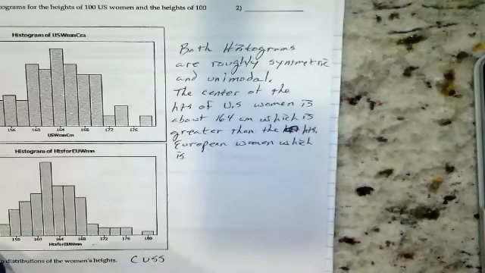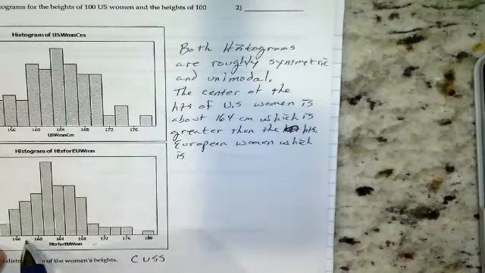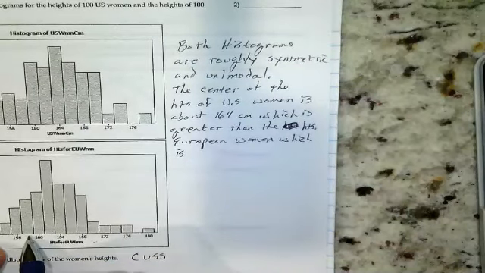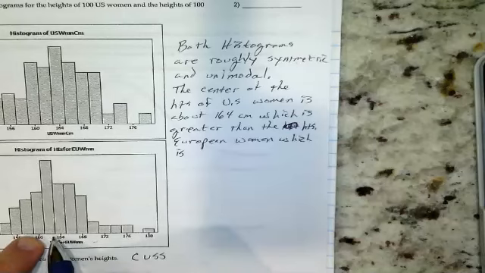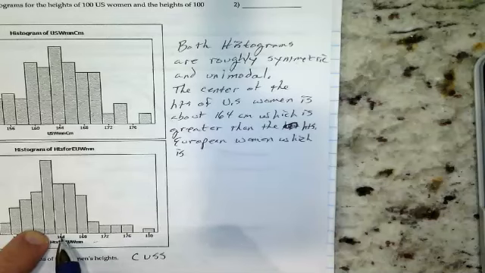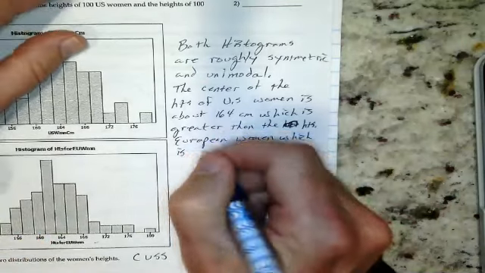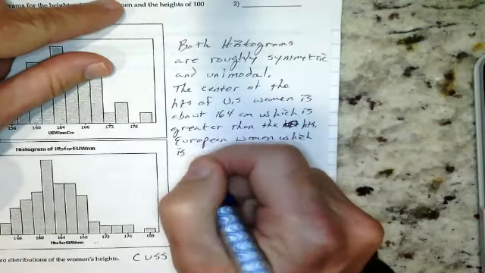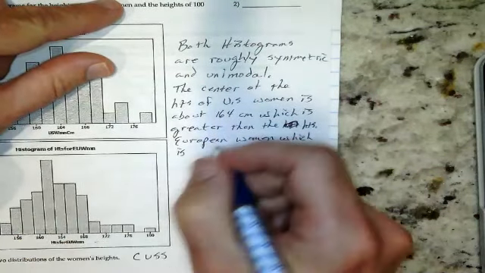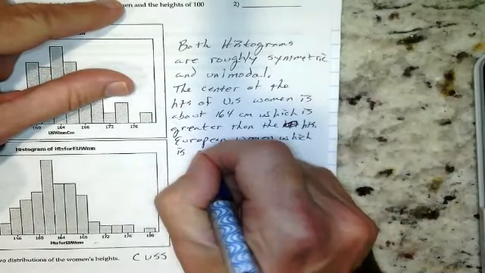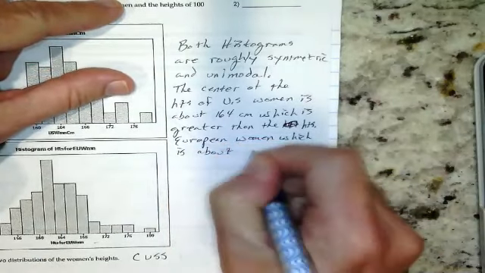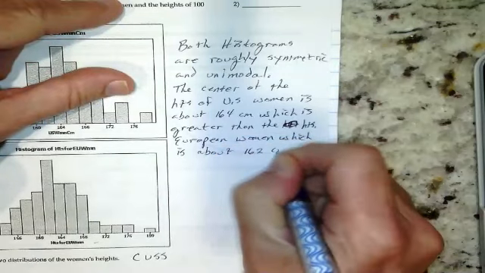let's see, this is 150, 152, 154, 156, 158. So this looks to be between, if this is 160, this is 161, and this is 163, which we can say it's 162, which is about 162 centimeters.